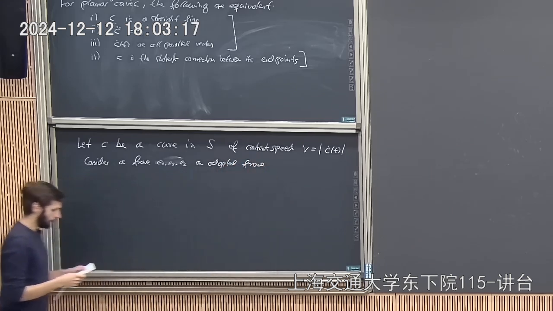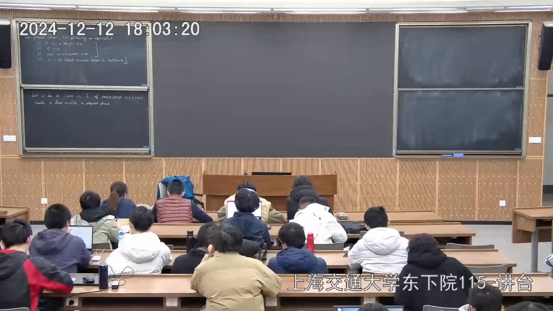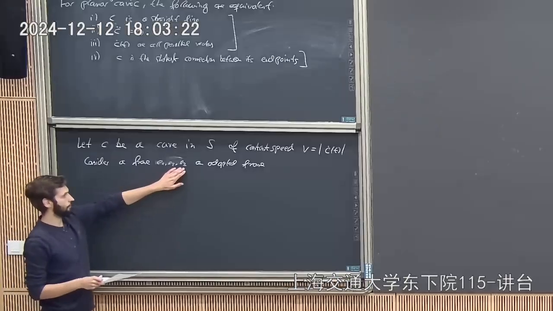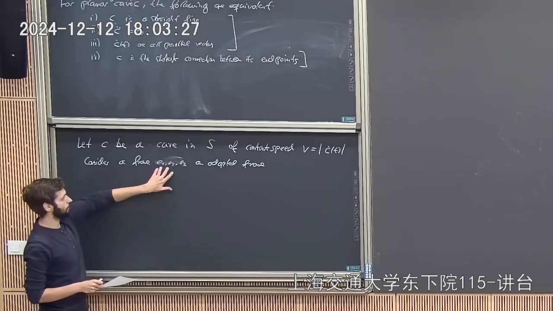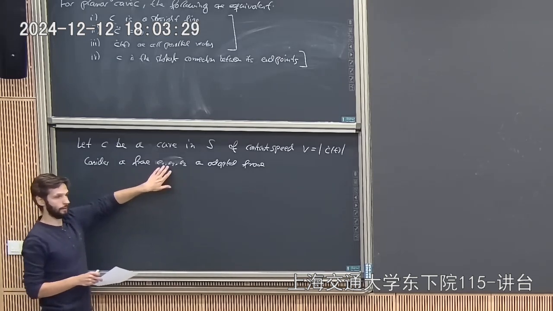It's natural that once you have a frame, E3 is essentially fixed once you say that it's adapted, because it has norm one. So now you have E1 and E2 you can choose freely.